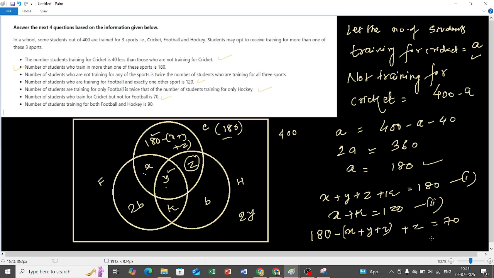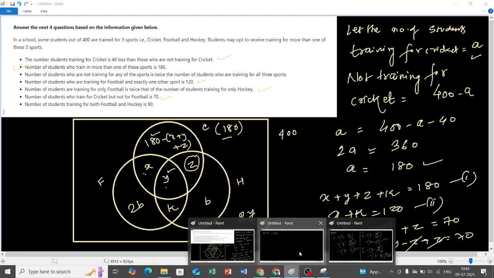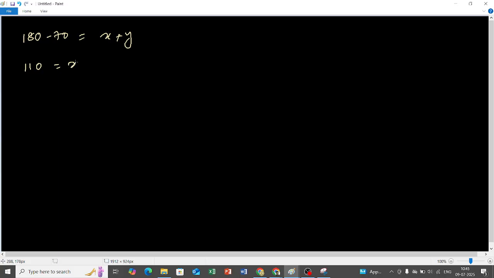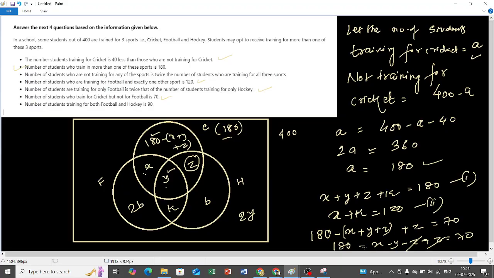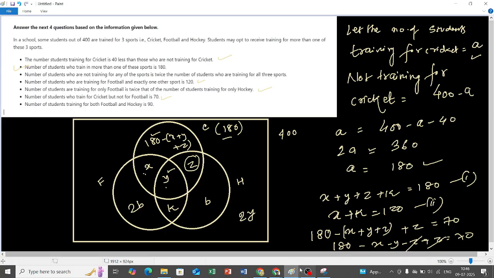Yes, sir. Now let me open the bracket, we will get some simplification here. So that is going to be 110 equals x plus y. Different equations we got.